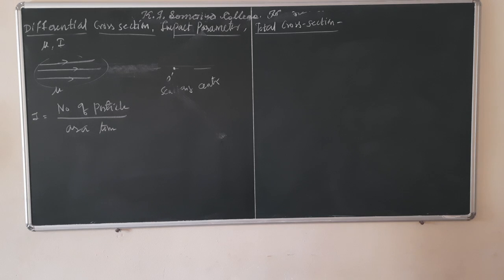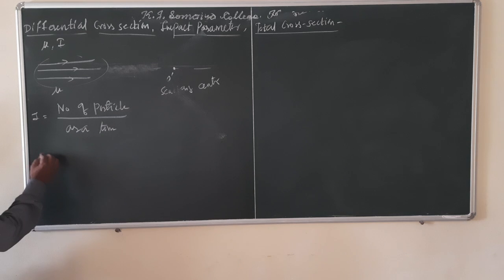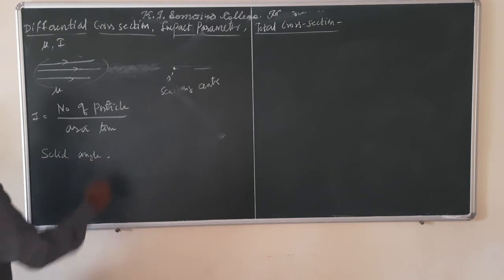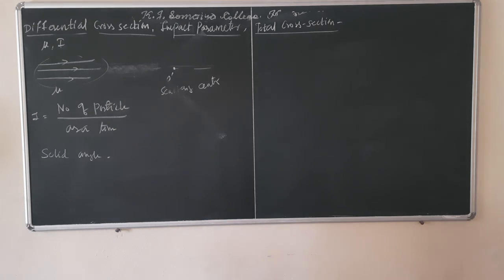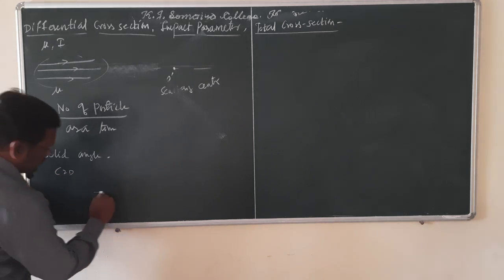If you take reduced mass mu for all the particles, the next important concept is solid angle. You already studied what is meant by plane angle. A plane angle is a two-dimensional angle, like this.